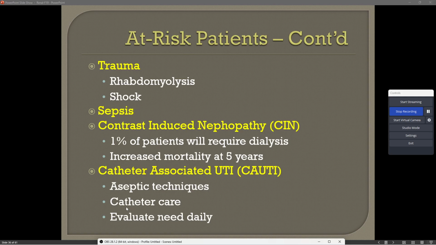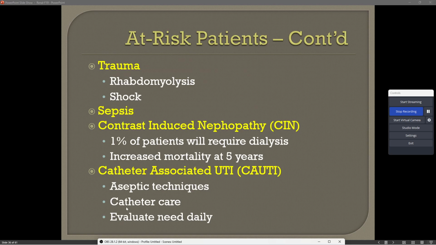If there ever was a pet peeve of mine, I hate this. I don't know why nurses do this, but you'll see nurses break the seals on Foley catheters. Don't do that. There is almost no excuse to do that. And people say, oh, well, you've got to flush it out. You can.